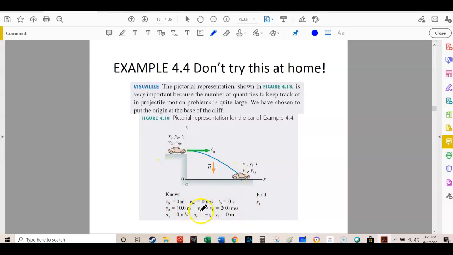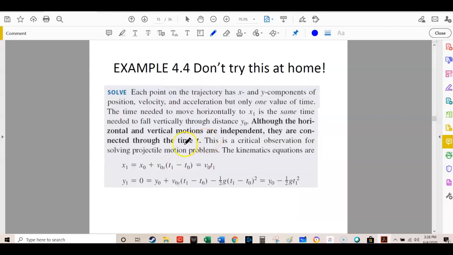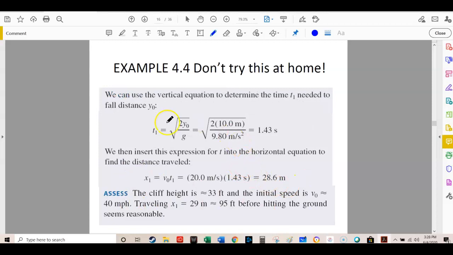They then list out their knowns and unknowns, and then they start kind of estimating some things. And then they put together the equations of motion, right? The x direction equation of motion, y direction equation of motion, just like we just did. And so we could see that this is also just barely over 1 second, right? Just like we were guessing. And so they basically did the same process that we just did with that other problem. Okay?